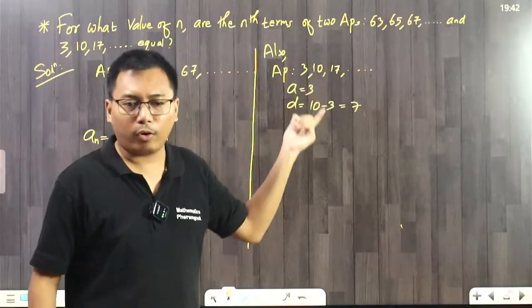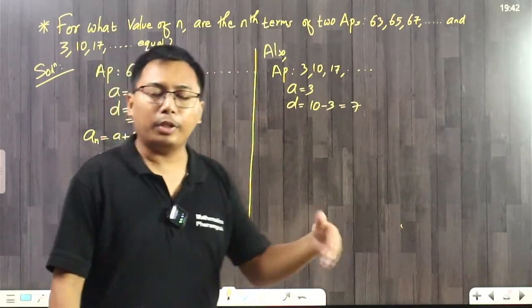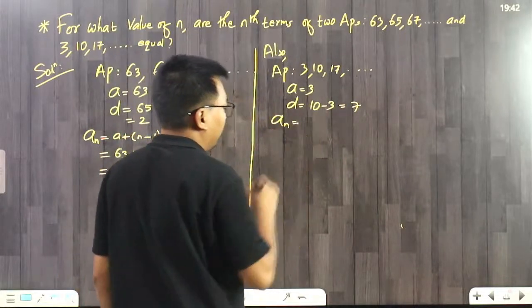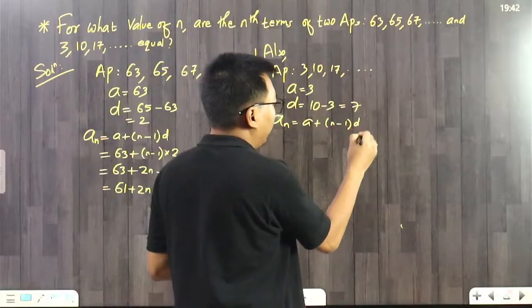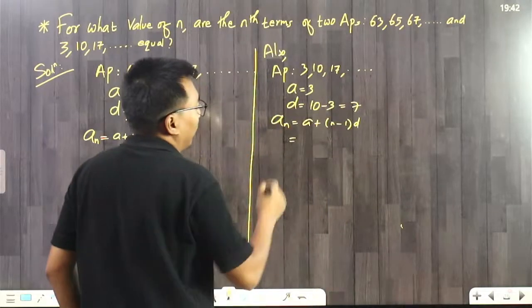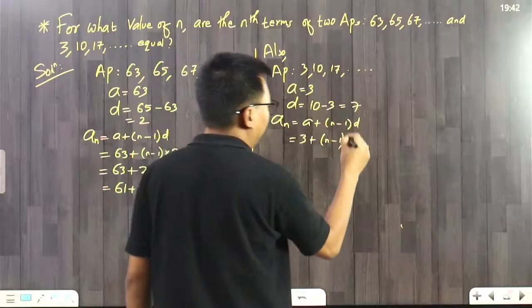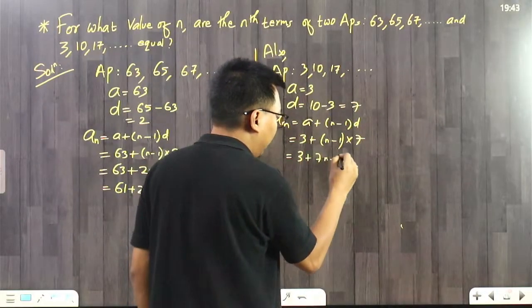By now this should be clear. We are already in session 3, so by now it should be clear how to find the common difference and how to find the nth term. an is equal to a plus n minus 1 d. What is a? 3 plus n minus 1 d. What is d? 7. So we'll get 3 plus 7n minus 7.